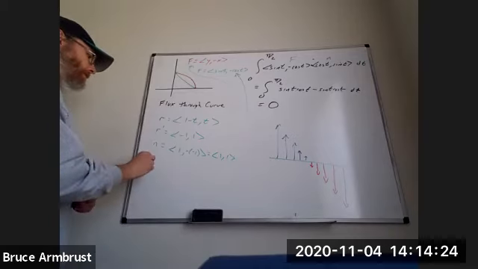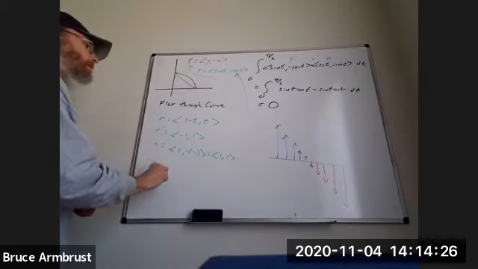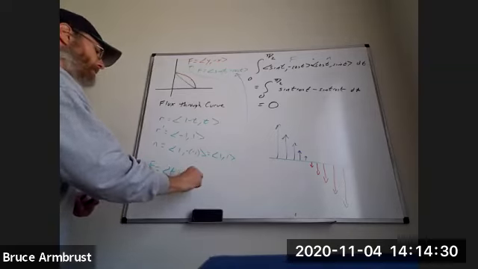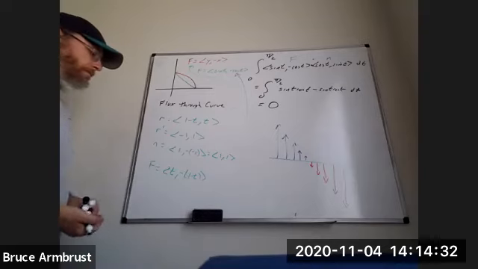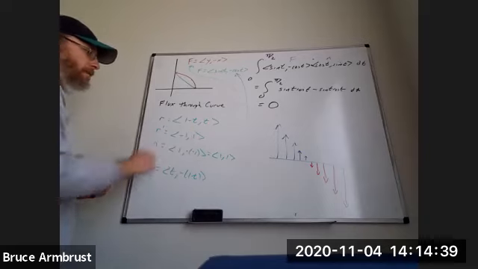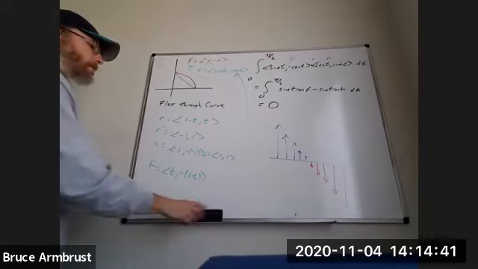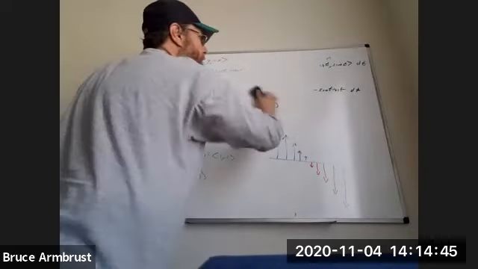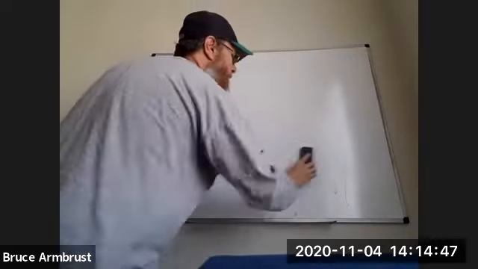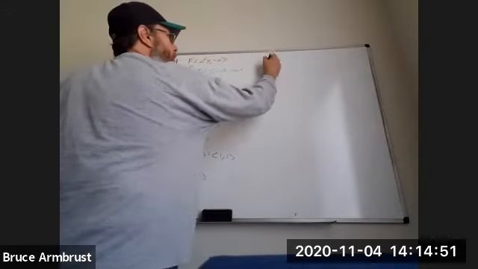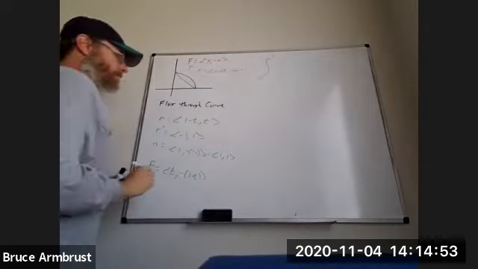So then our field is going to be t comma negative 1 minus t. Again, it's y, negative x. So I'm going with the y and the negative x. So this is what our flux integral is going to look like. We're going to be integrating from 0 to 1.